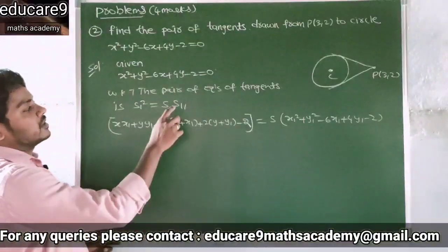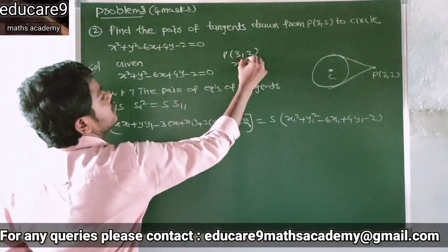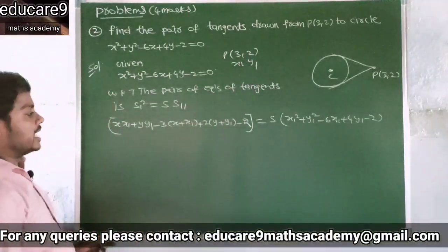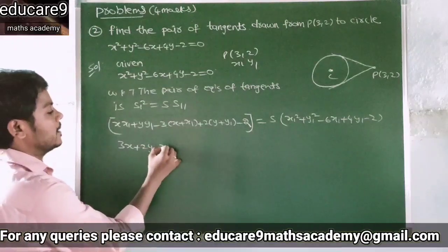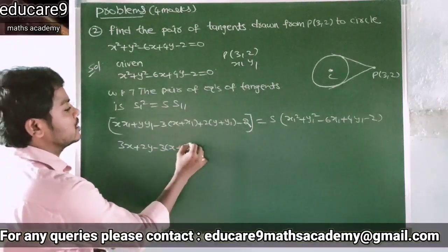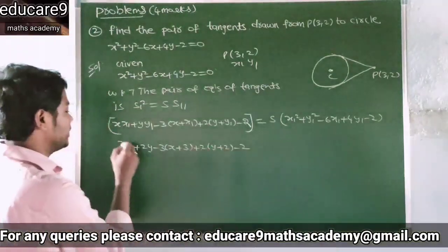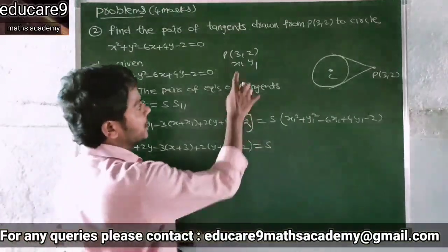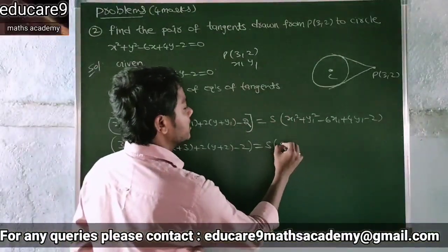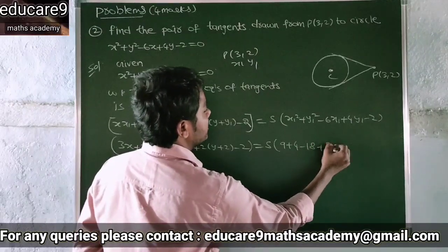So substitute the x1, y1 point, that is P (3, 2). Substitute here, what you get: 3x plus 2y minus 3 of (x plus 3) plus 2 of (y plus 2) minus 2 is equal to S into, substitute the x1, y1 point, that is 9 plus 4 minus 18 plus 8 minus 2.